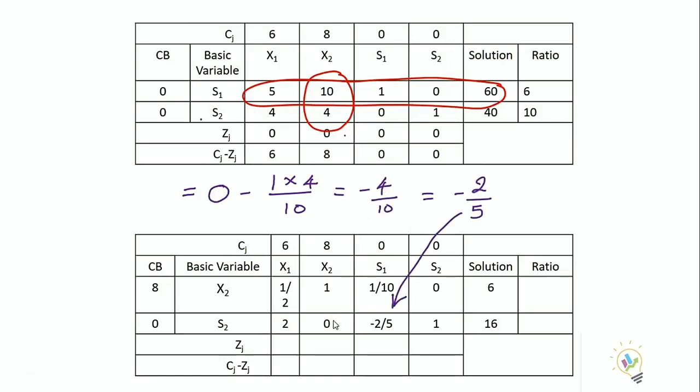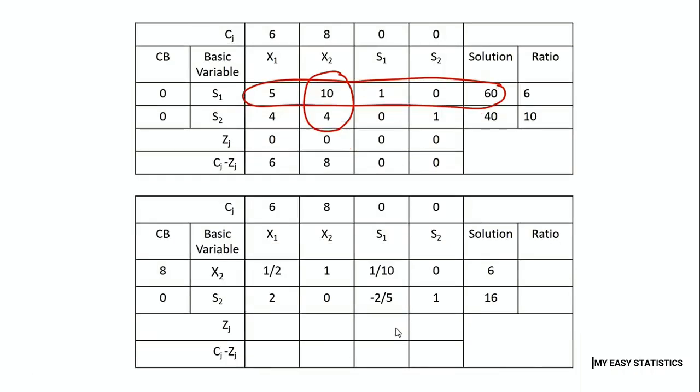In the same way, in this case, old value is 0 minus its corresponding row value is 1 into 4 divided by 10. It is equal to minus 4 by 10, which is nothing but minus 2 by 5. Keep the value in here. In the same way, we need to find all other values for the S2 row.